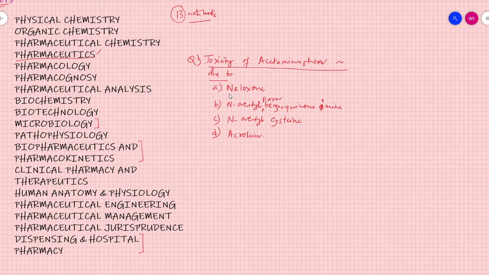I refer. I look up what naloxone is, and I write it down in my notebook, along with the options. Then I look into this, and I get the reference that this is the compound that is responsible for the toxicity of acetaminophen. So that's the answer to my question. So I can write down the answer to the question. First thing, what do I do? I write the question in my notebook.